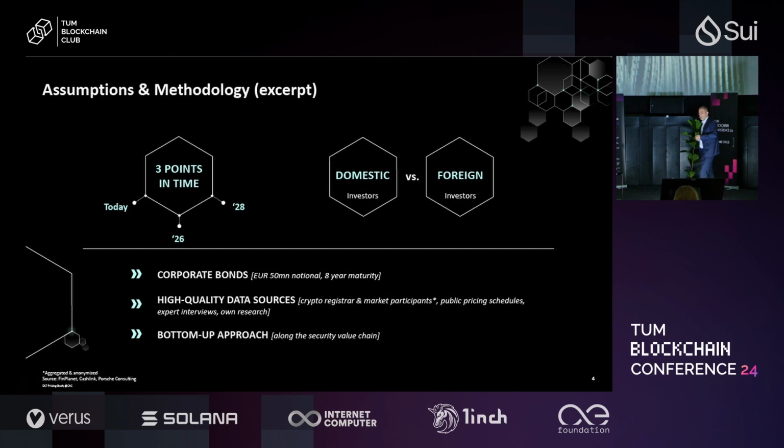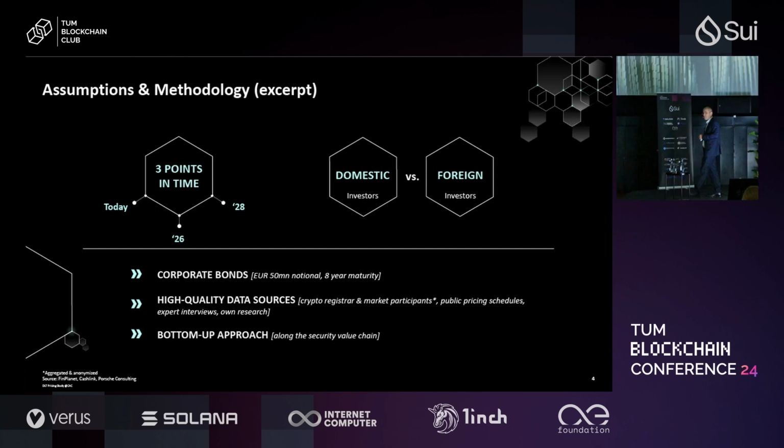We were lucky to incorporate high quality data, starting with public pricing schedules, which can also be quite painful if you look at price schedules, for example, of some of the players like Clearstream in the market that are not overly transparent, to put it mildly. We also talked to a lot of industry experts, which resulted in concrete price points that we were able to use.